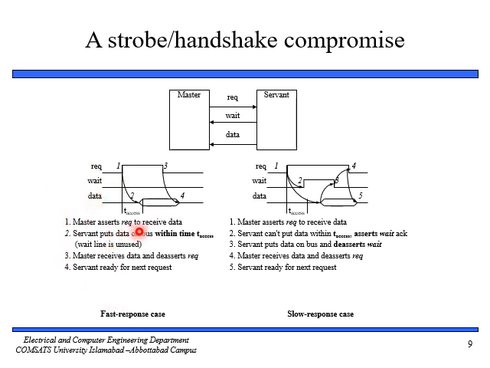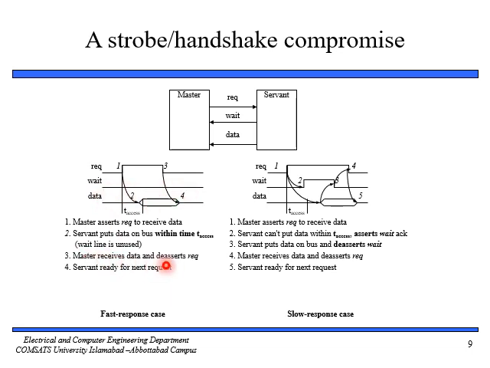Master asserts request to receive data. So master requests to receive the data by signaling REQ. Servant puts data on data bus within T access time. So after this time the servant will put data on the data bus. And the wait line is unused, as you can see that we are not using the wait line.